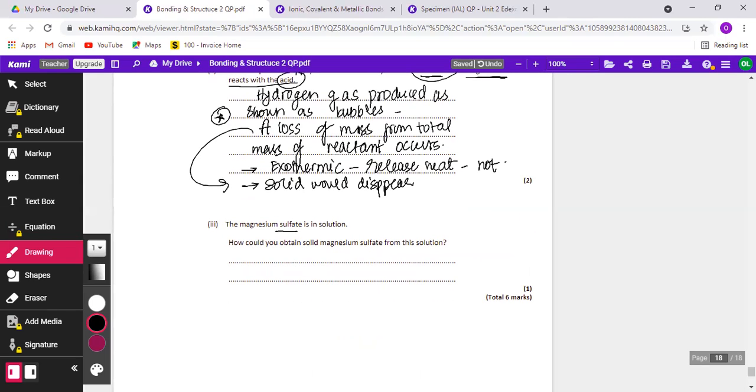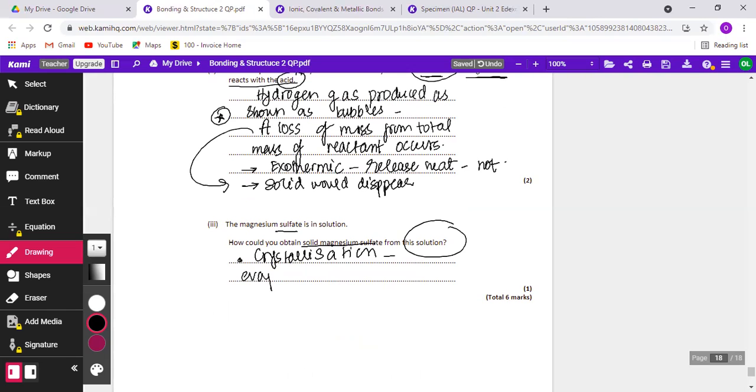Now, the magnesium sulfate is in solution. How could you obtain solid magnesium sulfate from this solution? Can you do crystallization? Very good. Crystallization. And how will we do crystallization?